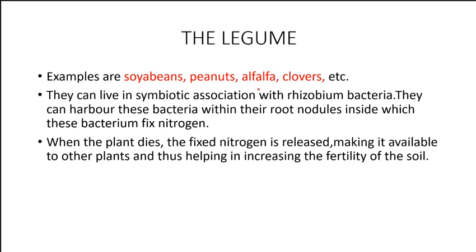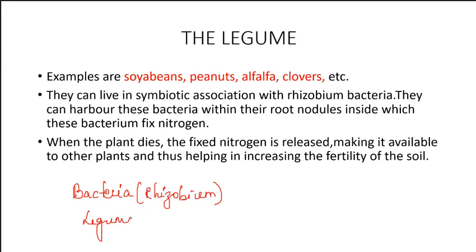Today, in biological nitrogen fixation, the association is between the bacteria, which here is Rhizobium, and the legume plants. We will study the bacteria and the legume plant separately. First, let's study the legume plant.